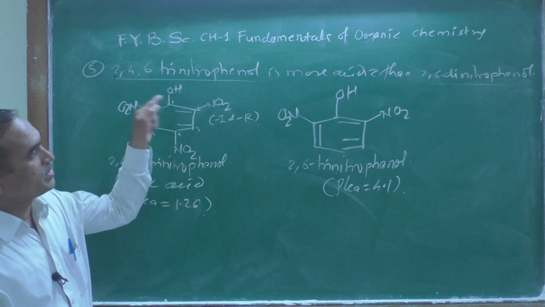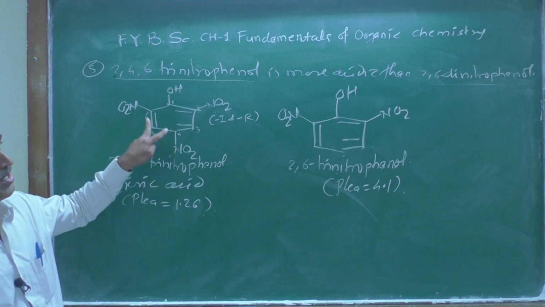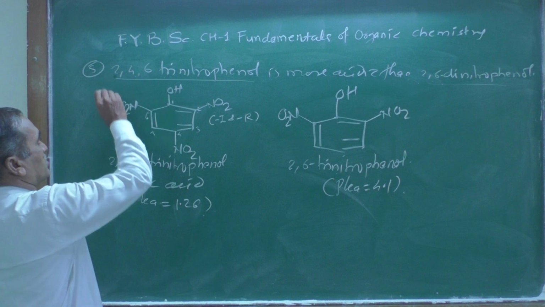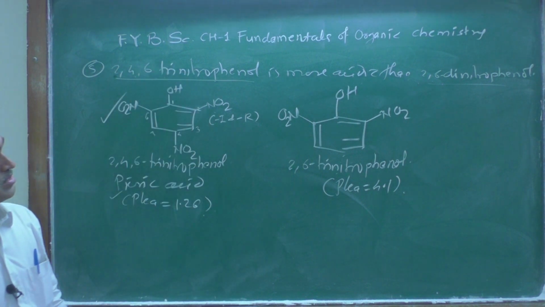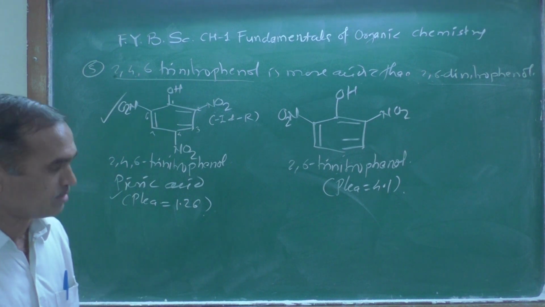The magnitude of the minus I and minus R effect is greater in this case, but here it is lower, and therefore this one is a stronger acid than this one. So that is the explanation.